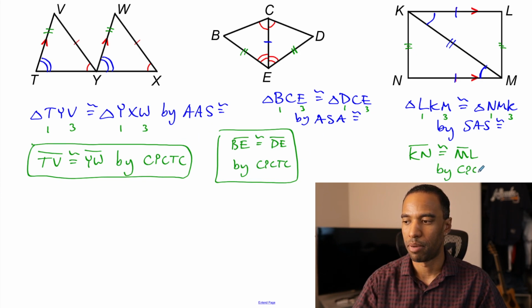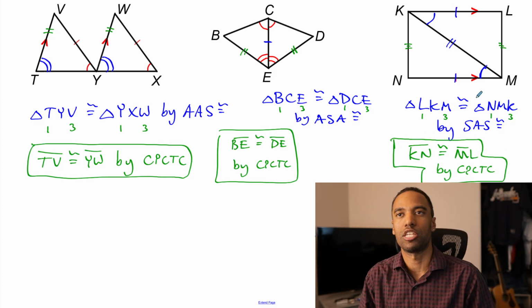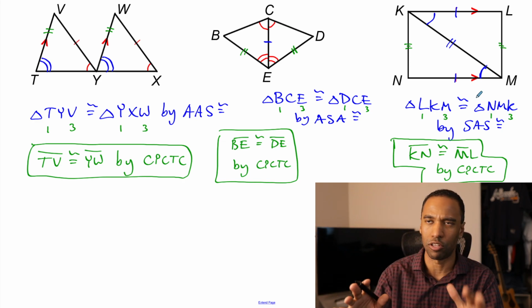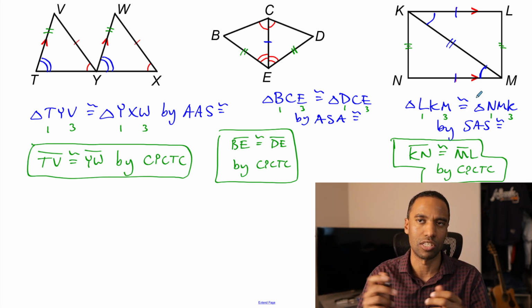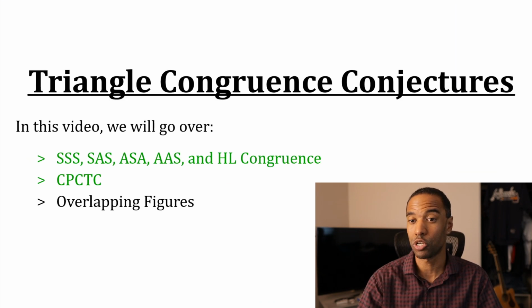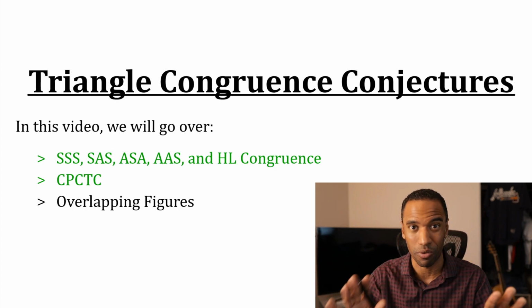And I did, by CPCTC. You need CPCTC. When you start learning things about, like, a quadrilateral, like parallelograms by nature having angles bisect each other, when you start learning that, you do need things with CPCTC. It's a bit of a requirement. Hopefully it doesn't feel like, why do we have this added step? It's actually really important. And triangle congruence is really important for everything else in geometry, I promise you.